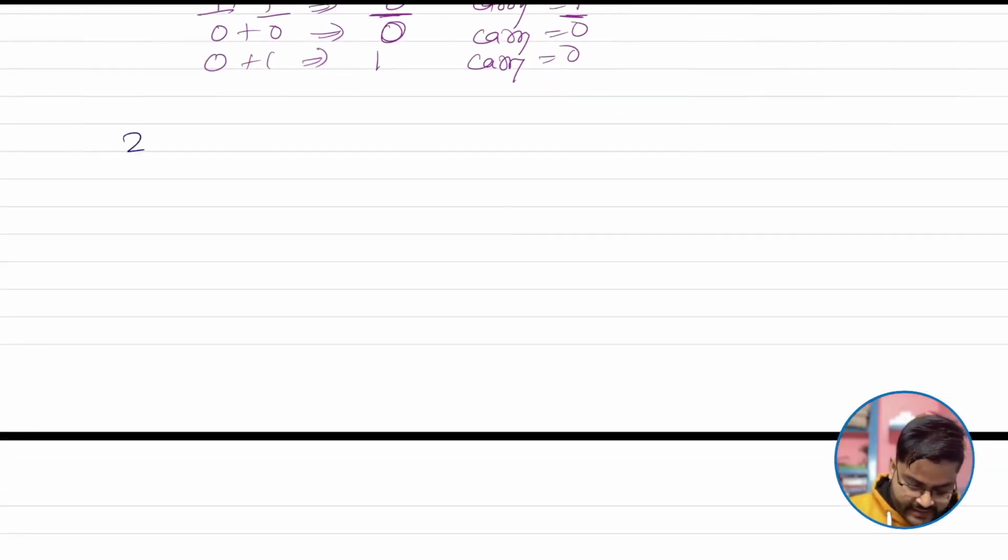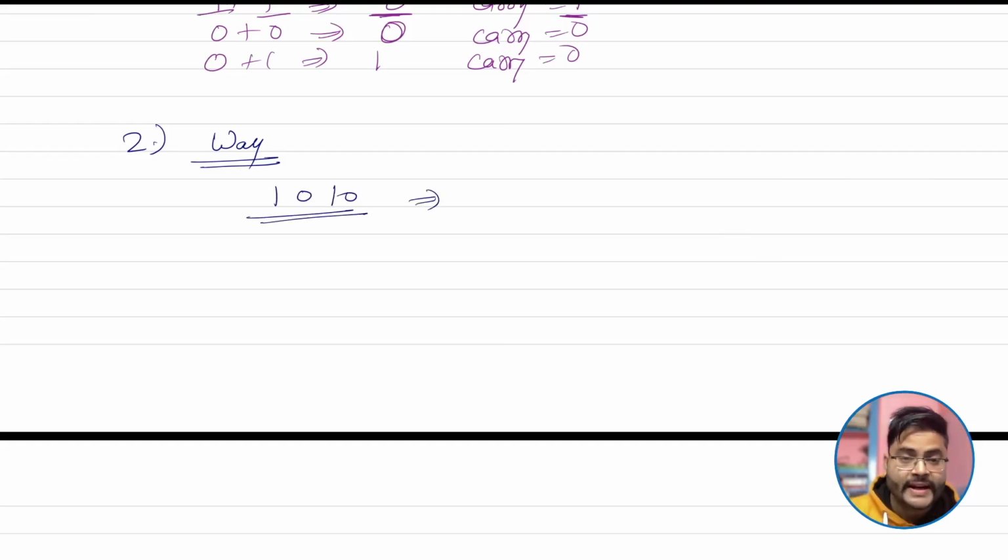So the second way is, let's take the previous example only. Let's say we have 1010. Write all the bits from the LSB until you find the first set bit. This is nothing but a set bit, 1. So here write 0, here write 1.